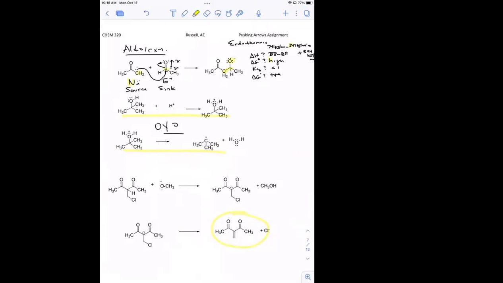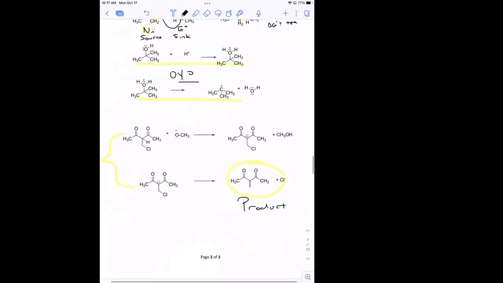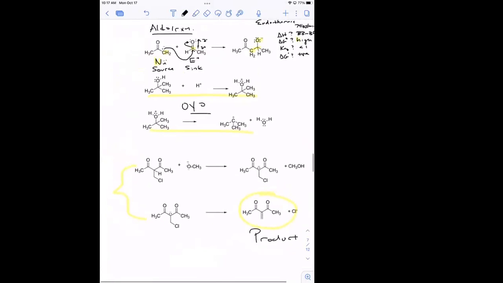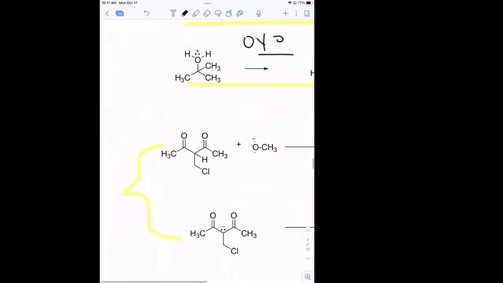The bottom, so these two are connected, but the overall product is here. It's an elimination. Good. We didn't do up top. This is an addition, right? Added something to a pi bond and it's broken. Here, this is an elimination overall.